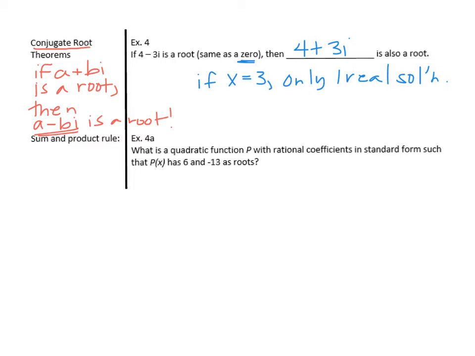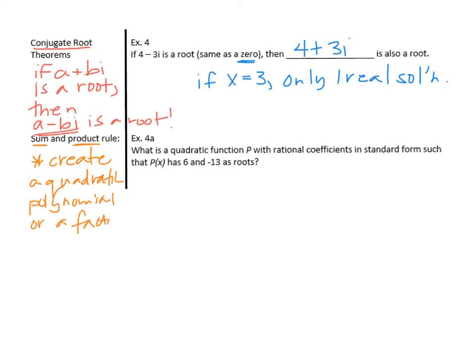Another useful tool in writing equations is called the sum and product rule. Sum is the answer when you add, product is the answer when you multiply. The sum and product rule will create a quadratic solution. So it either creates a quadratic polynomial or a factor.